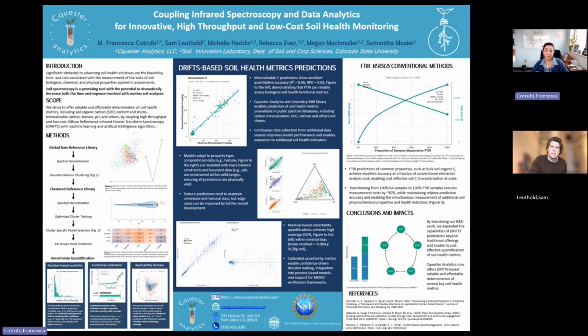Yes, and again, we are here working in the commercial space, and so we care as scientists to provide accurate data, but we understand that the commercial space will only work when that accuracy is accompanied with an affordable price. What we are excited about is that by combining conventional methods with FTIR, we can reduce the cost without having to reduce our accuracy. That's what we hope to offer.